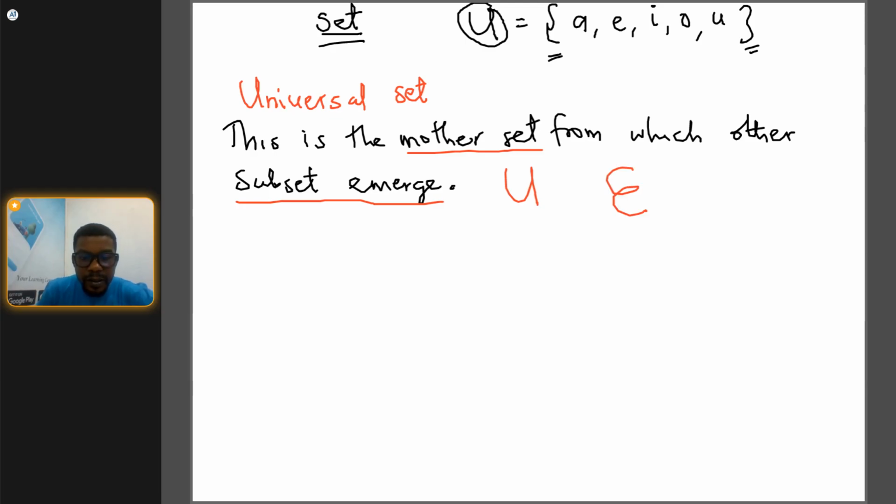So the set from which other sets, other subsets, can emerge is said to be the universal set, and it is also called the mother set.